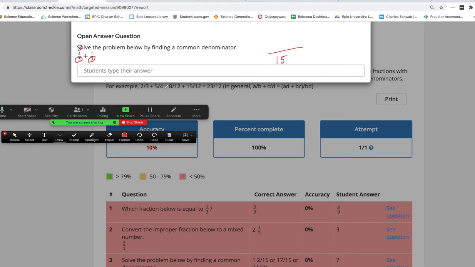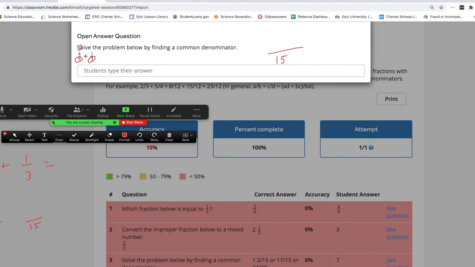So now let me put it over here, it's easier. I have 4/5 and I have 1/3. Now I can't add these together until they get a common denominator. The easiest common denominator is to multiply the two together. So now I know this is going to be 15 and this is going to be 15. I don't know what the top number is yet, but this is how you figure it out.